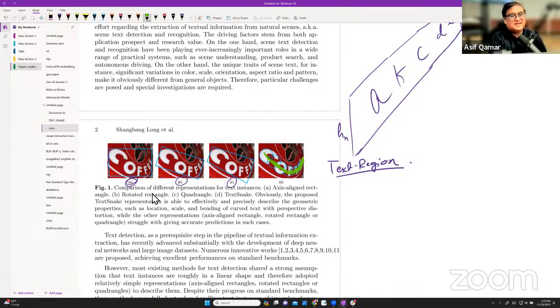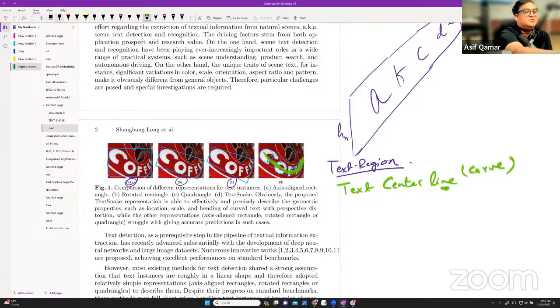Right. So it says that let's also discover the text center line. So two things: discover where the text is and discover the center, the core line going through the text. That will be a curve. Actually, line is not the right word. It's more like a curve. Make sense, guys? It's a curve. You find that going through the text.